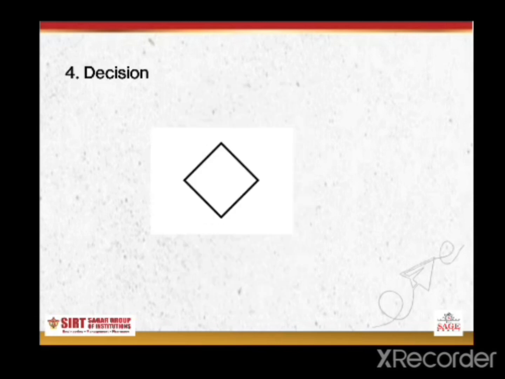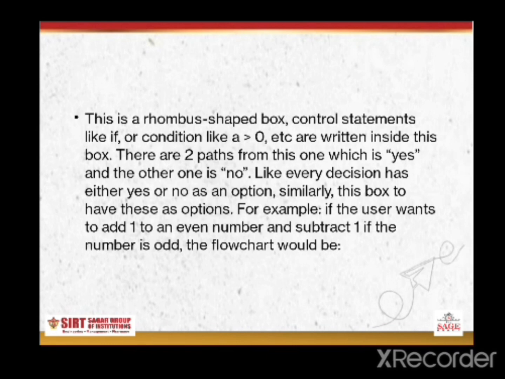Now whenever we want to take a decision, we use this diamond-like shape. Decision means, for example, if I have two numbers, 5 and 4, and someone asks which number is greater, then we use a decision situation.